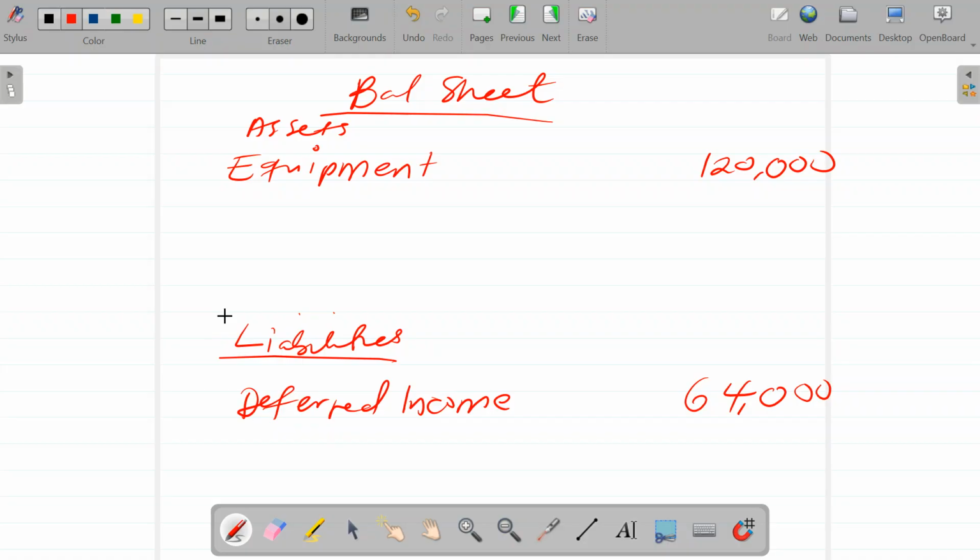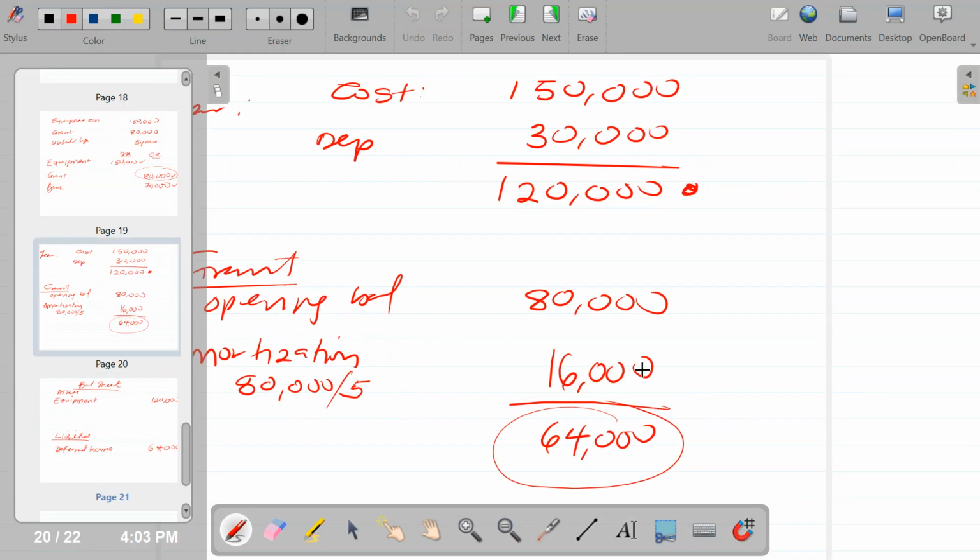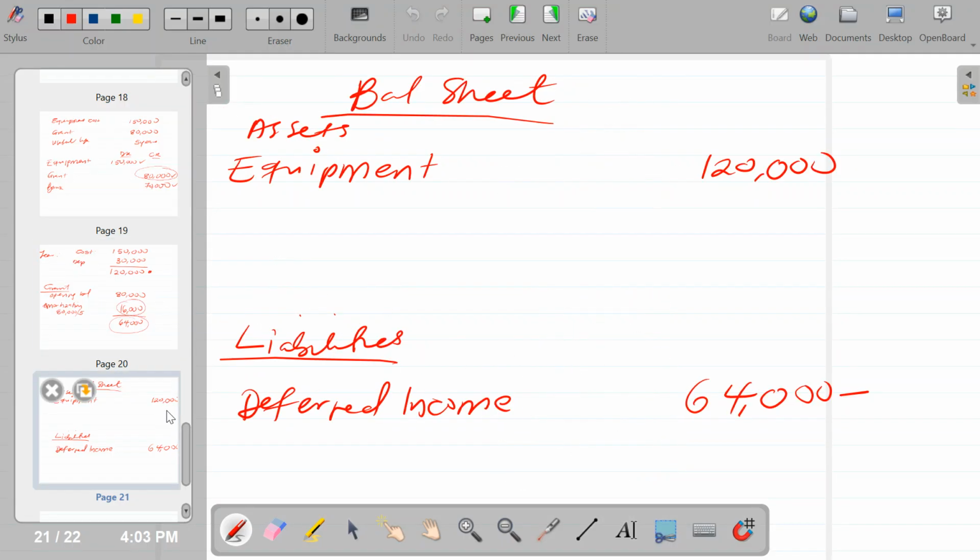So this is how it will look. Then the following year we amortize again. This will reduce by 16,000. Every year is 16,000, so the following year minus 16,000. This one too, minus 30,000, until we get zero here.